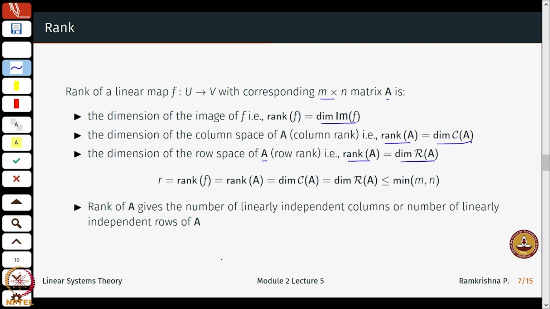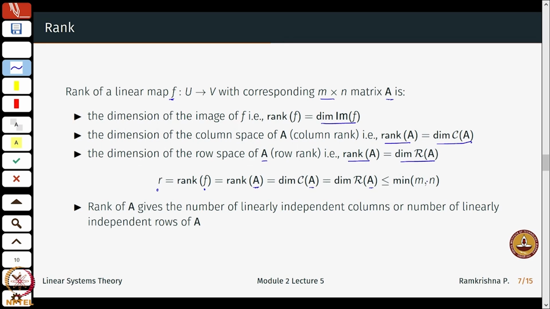So, just to summarize, I have the rank of a map, which is equal to the rank of the corresponding matrix A. This will also equal the dimension of the column space, or the dimension of the row space, and at best it can be of dimension m comma n.